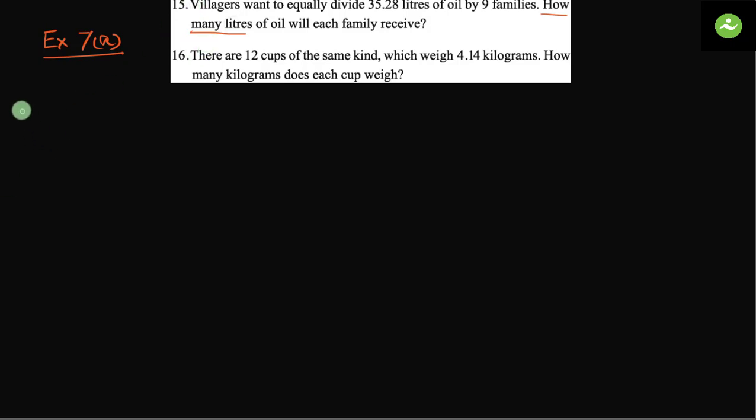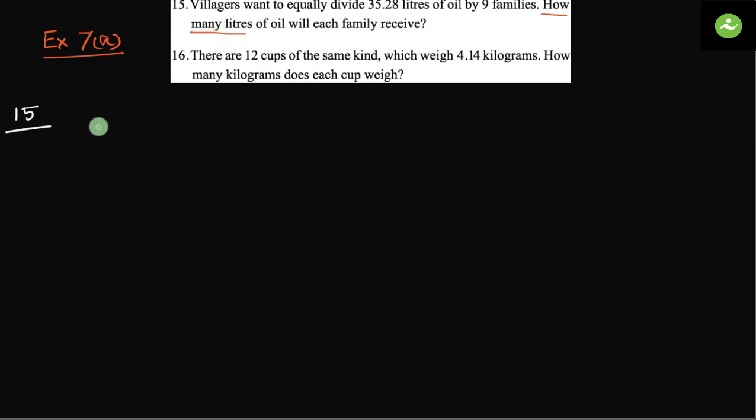Question number 15. So always arrange the words accordingly. Put the quantity that has the answer on the right side. For example, here two things. One is liter, another one is families. Which one you put on the right? Definitely you will put liters on the right.